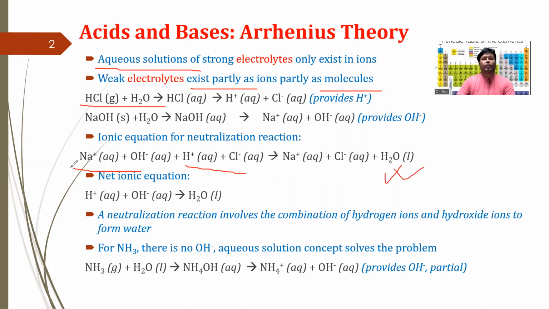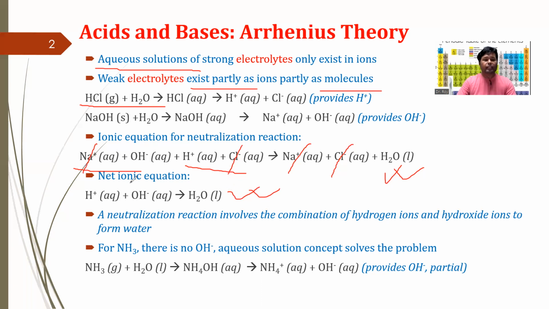Ultimately, if we consider the balancing of the left hand side and right hand side, on both sides we have the sodium ion aqueous and the chloride ion aqueous. What we have here is H plus and OH minus ion forming liquid water. So the net ionic equation for the neutralization reaction is the formation of one water molecule from one hydrogen ion, or one proton, and one OH minus ion.